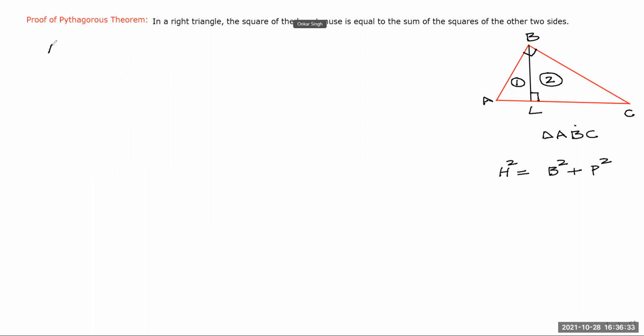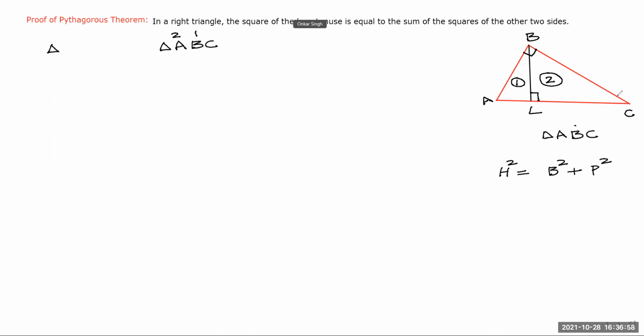Here I will write triangle ABC first. Now students, I know B is the biggest angle, 90 degrees. Let's say that is number 1. Which is smaller than B? A. So I give it number 2.